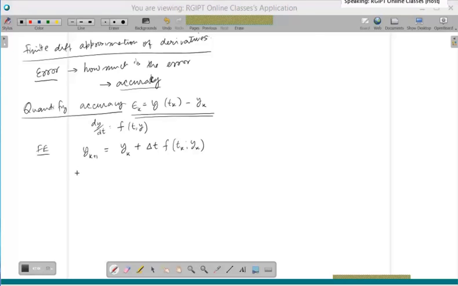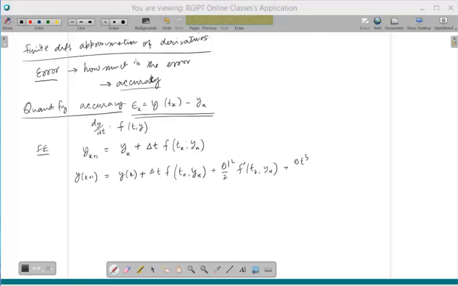Now, the actual value of y k plus 1, if I want to calculate it, is going to be equal to y k plus delta t f t k y k plus delta t square by 2 f prime t k y k plus delta t cube by 3 factorial f double prime t k y k, and so on, up to infinite terms.